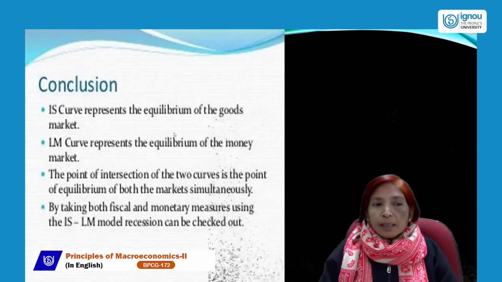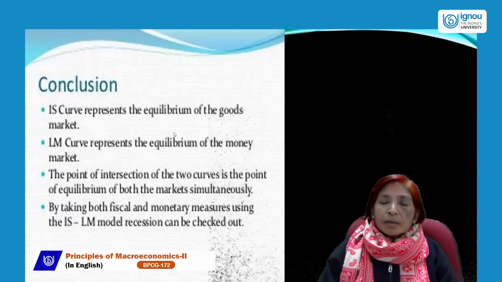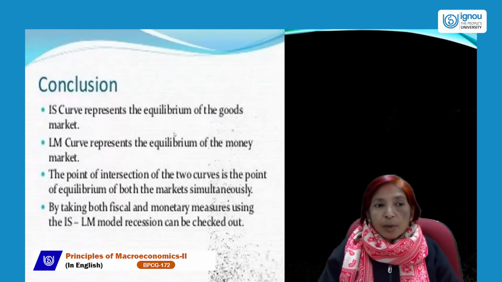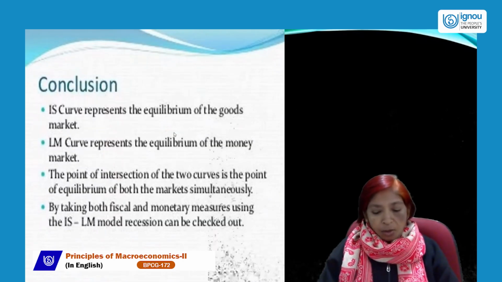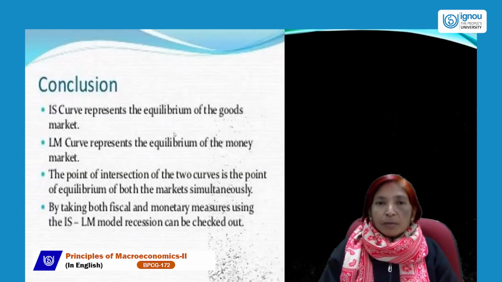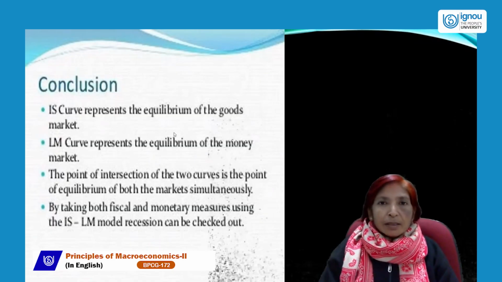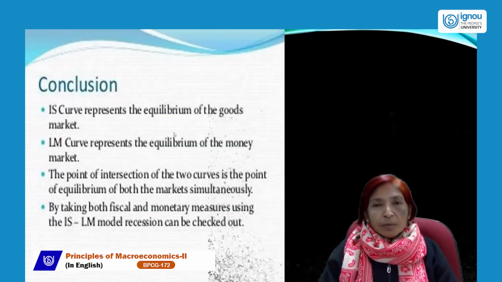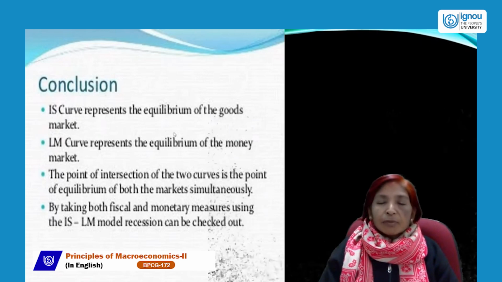You know that the IS curve represents the equilibrium of the goods market. And we have studied the slope of the IS curve, which generally slopes downward, a negatively sloped curve. The IS curve may be steeper or flatter, depending upon two main factors: the sensitivity of investment to the rate of interest and the value of the multiplier.